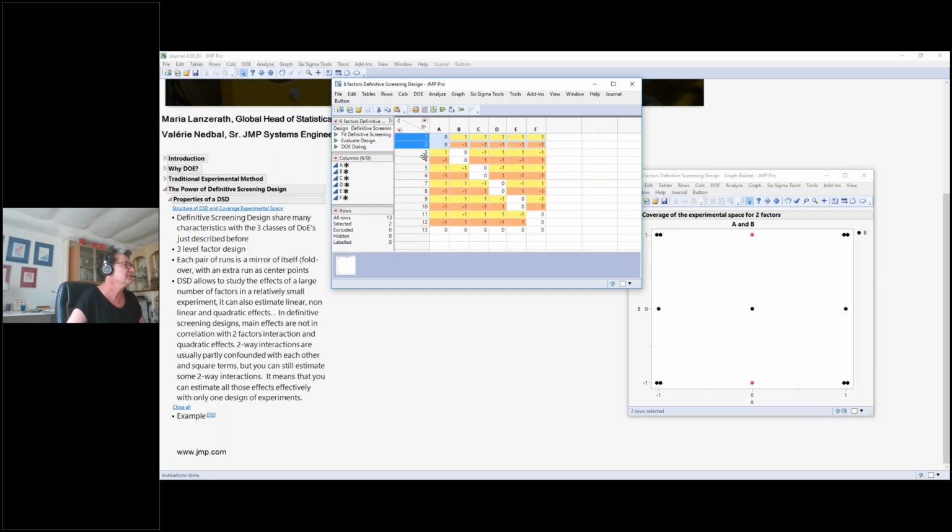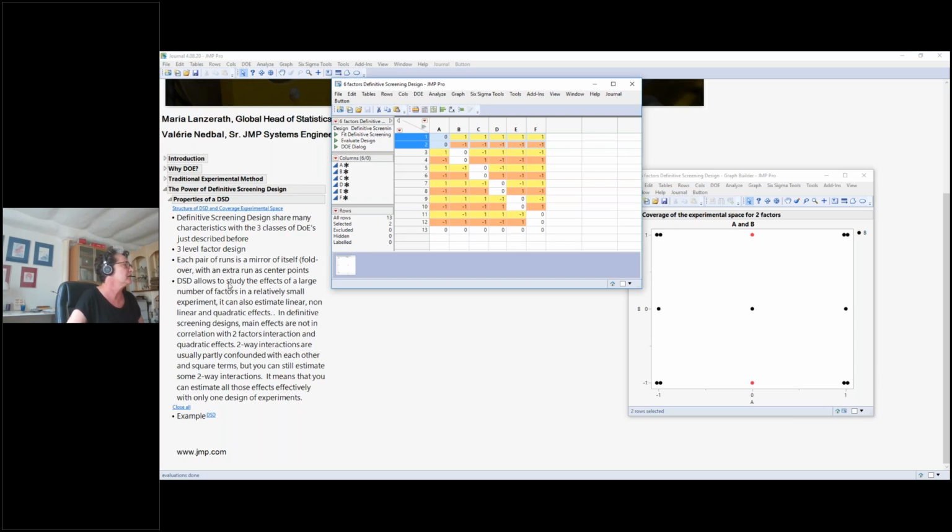Those properties of those runs are very nice in different ways: you can estimate linear, nonlinear, and quadratic effects by one design. So you don't need to do 2 or 3 different designs. You can estimate already quite a lot of those effects in one design.